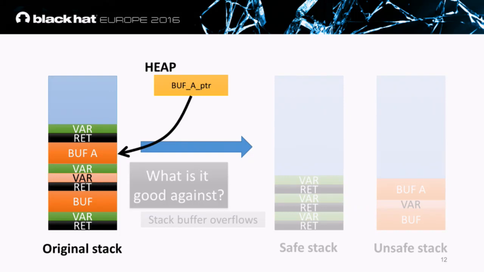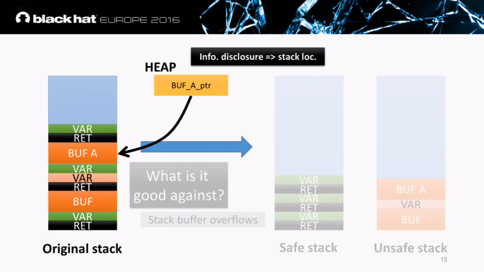But it is also good against some other problem. Let's say we have a variable in the heap that has a pointer to the buffer A on the stack. If the attacker has some information disclosure capability, it will be able to leak the location of the stack and continue its exploitation. The stack should actually be hidden from the attacker.